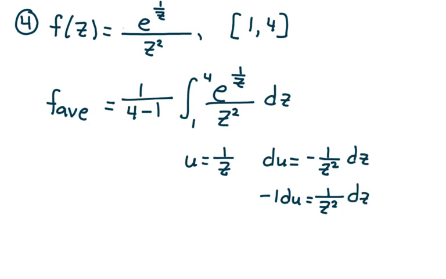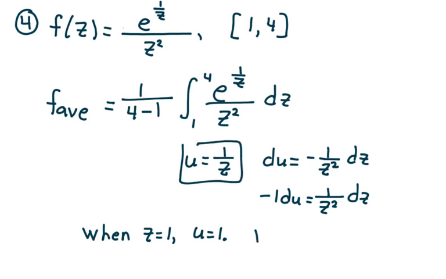Now, when z is 1, u is 1, right? I plug that in here. And then when z is 4, u is 1 over 4.